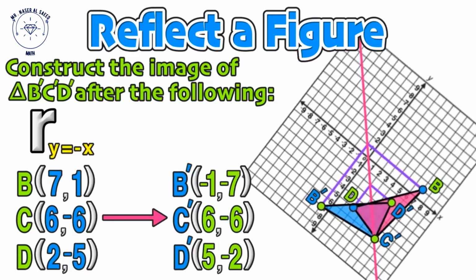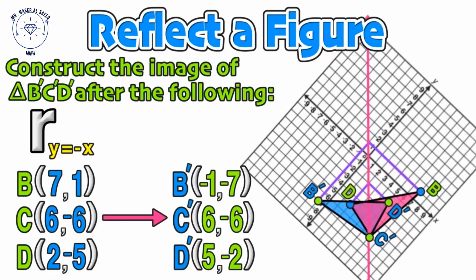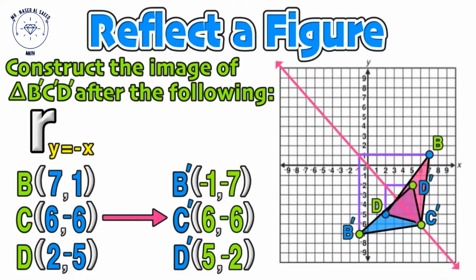To create a very interesting picture, we can rotate the graph to better visualize what this reflection looks like. Now we can compare the point B with coordinates (7, 1) and B prime at (-1, -7).